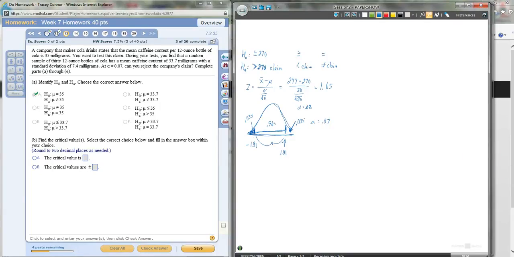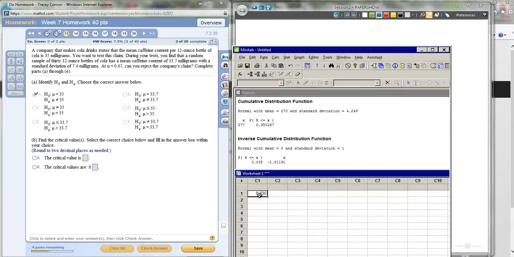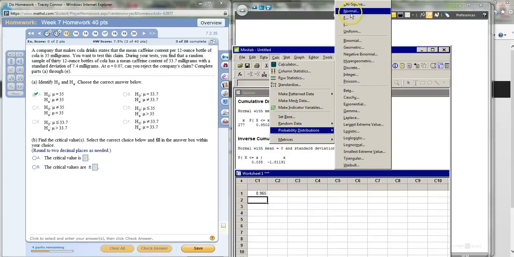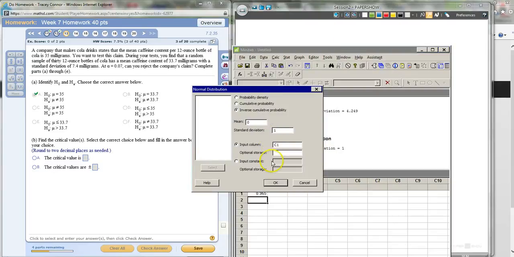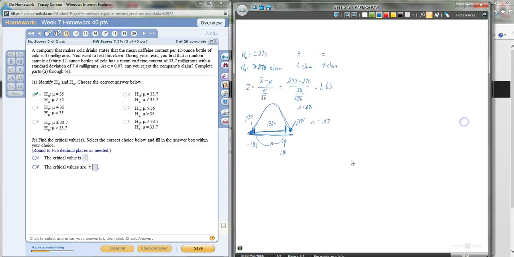So if we went back to Minitab and we put in 0.965, and we did this again, Calc, Probability Distribution, Normal, and then hit OK, you'd see we got now the positive version of this. So we have our two z-scores. So the critical value is 1.81.